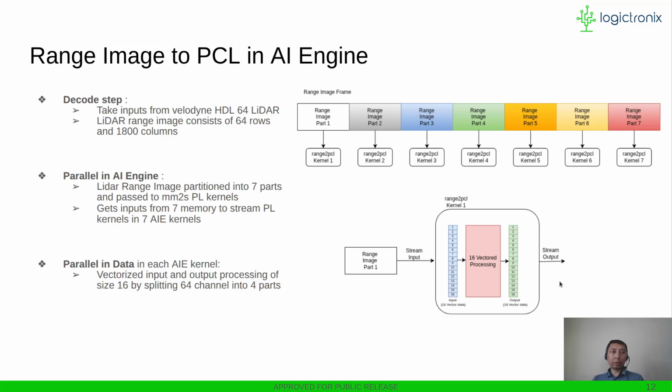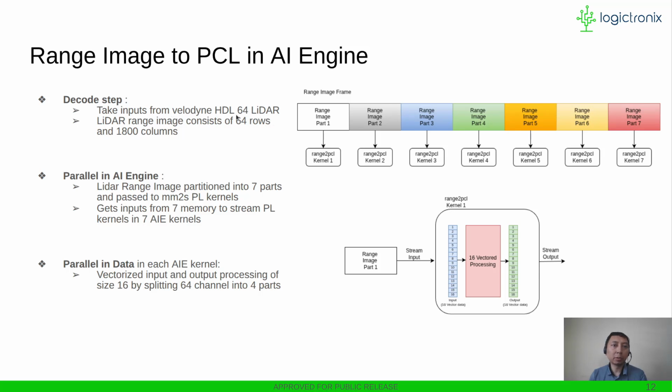So regarding the range image to PCL point cloud conversion algorithm for parallel computation in the AI engine, here are the various steps. The first one is the decode step, where we take input from the Velodyne HDL-64 LiDAR.